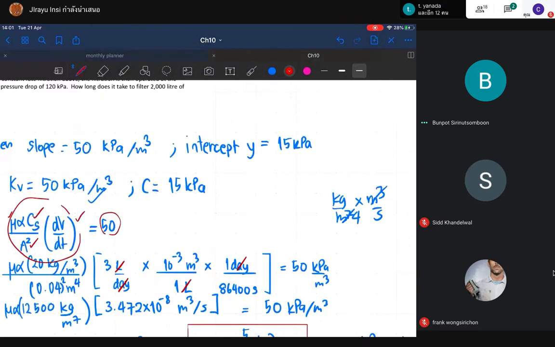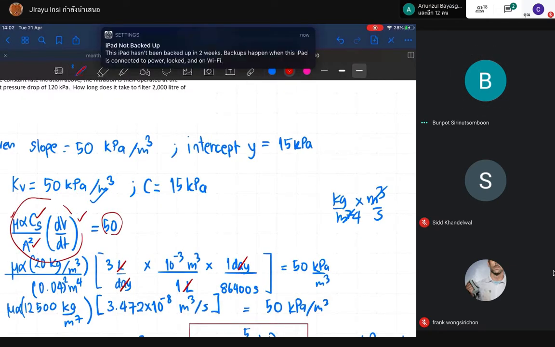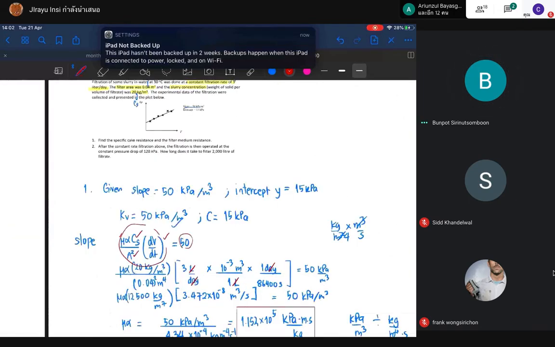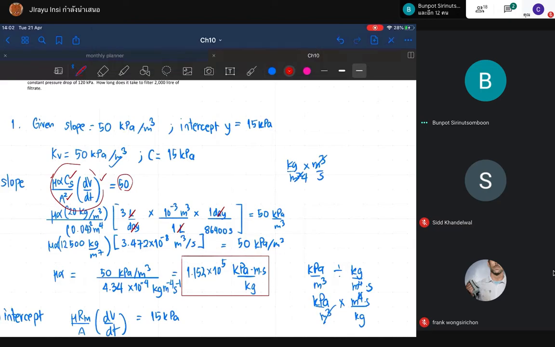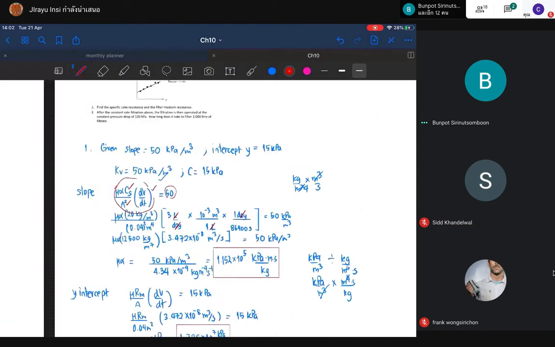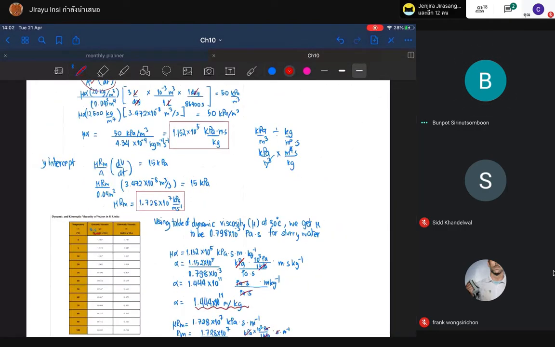So I converted it into the SI unit so that we can cancel it out and get the proper unit here. Then I get the value of mu alpha, which is over here. I do the same for the y-intercept.